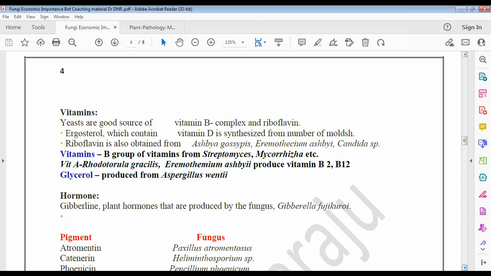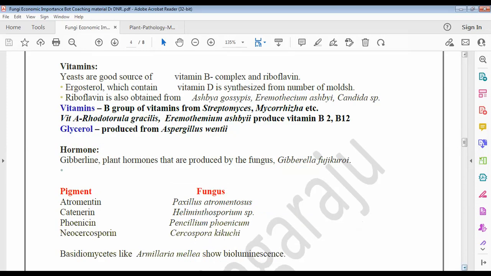And ergosterol from Claviceps is a vitamin D source. Vitamin A comes from Rhodotorula. And glycerol we prepare from Aspergillus.